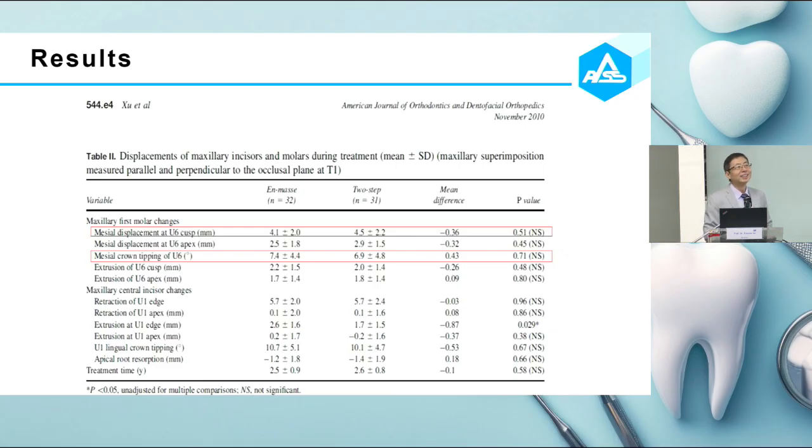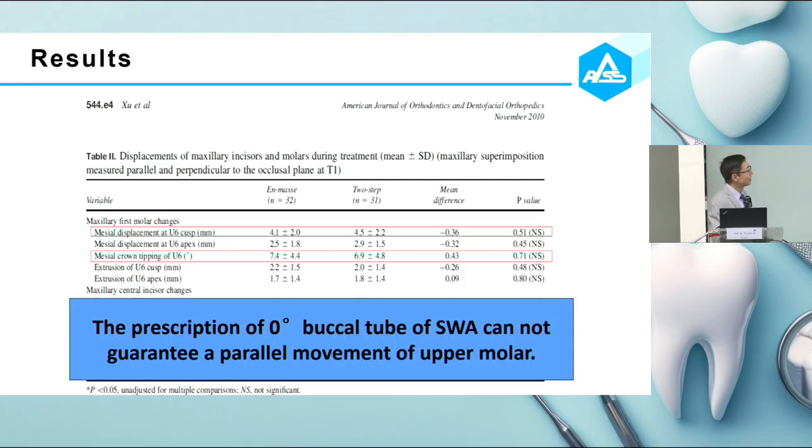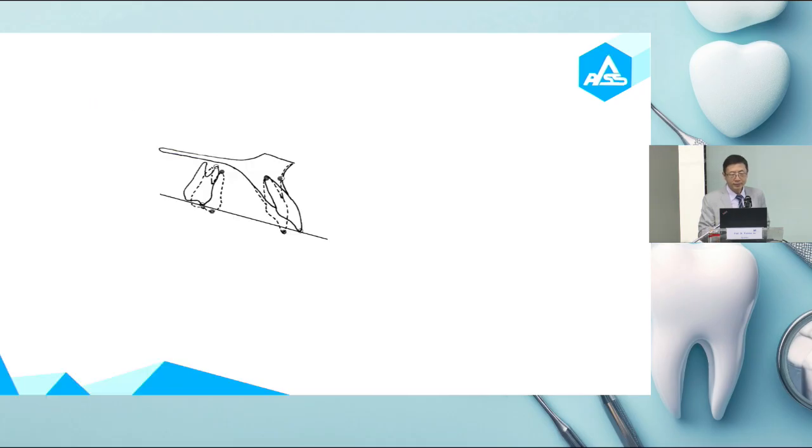That's why the main tube, the rectangular tube, we designed as 7 degrees. From this study, we now know the prescription of the 0-degree buccal tube of straight wire cannot guarantee a parallel movement of the upper molar. We need 7 degrees to make the upper molar keep straight. That's the average from this study.